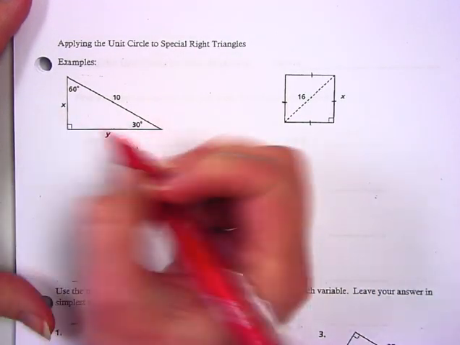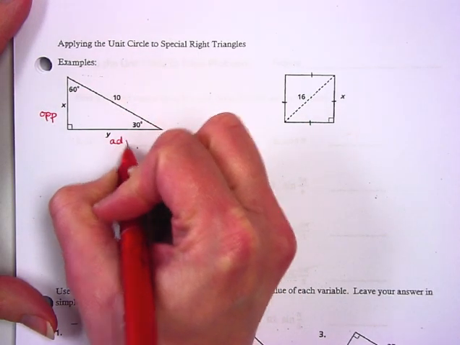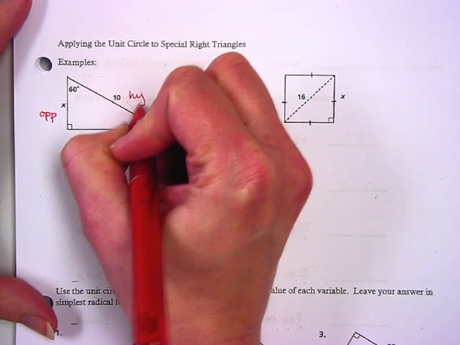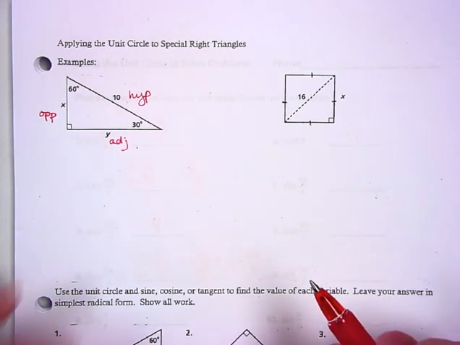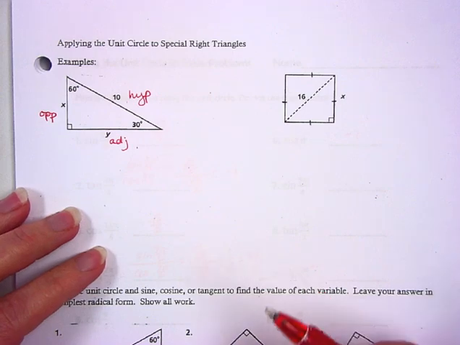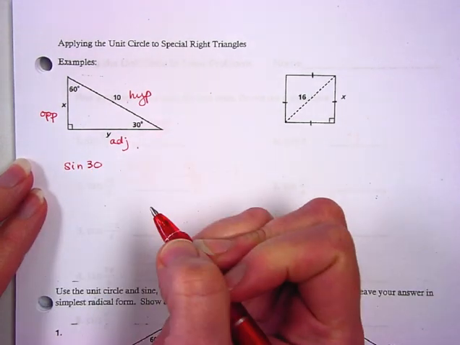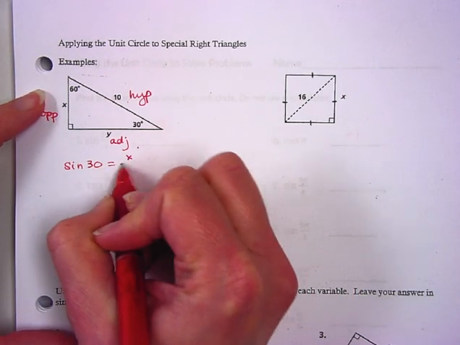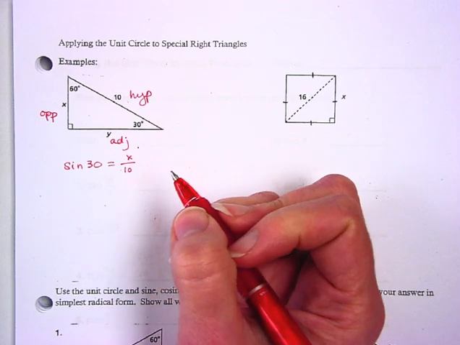So opposite is x from the 30, and then I have adjacent here as y, and I have a hypotenuse at 10. So if I want to find x, what am I going to use? Sine, cosine, or tangent? Using the 30-degree angle. Sine. All right, sine of 30 is equal to opposite, which is x, over hypotenuse, which is 10. What is the sine of 30?